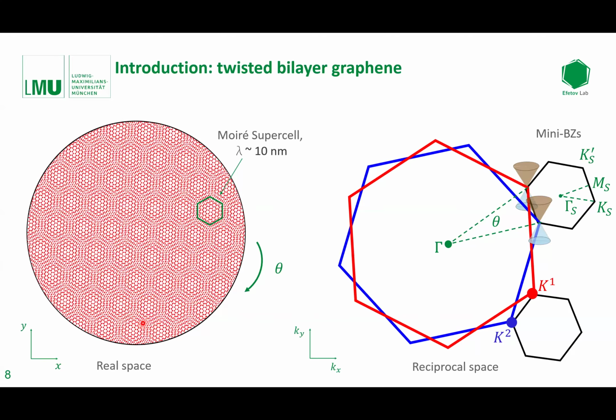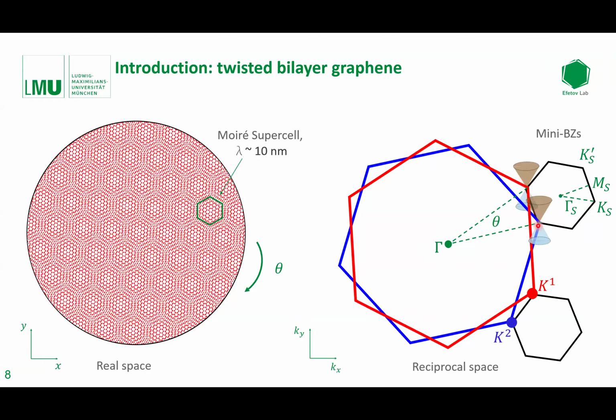So we create this superpotential through the Moiré, and because the superpotential also gives us a second periodicity to construct Bloch wave functions, we also create a second set of mini Brillouin zones, which you can see here. These mini Brillouin zones are set up within the edges of the individual Brillouin zones of the top and bottom layer of graphene.